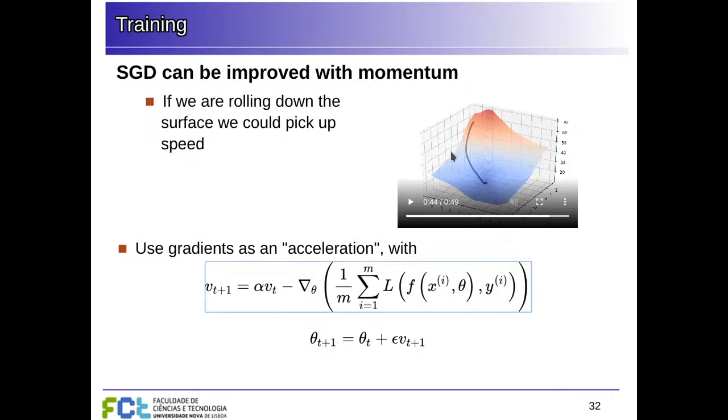So if we keep moving in the same direction, these things will keep adding up and the velocity will start increasing. If we suddenly have to change direction, then they will be a bit contradicting each other, and we will have a slowing down of this process.